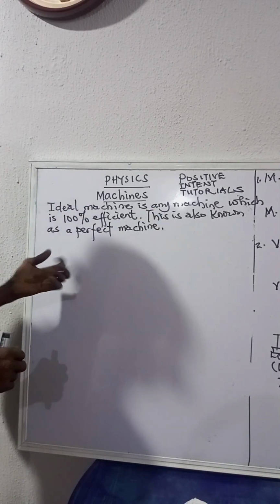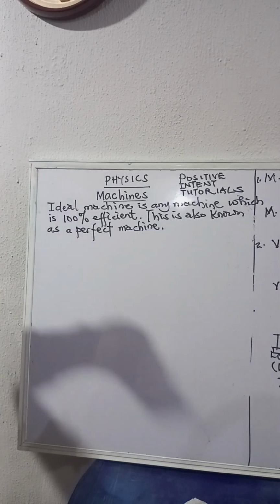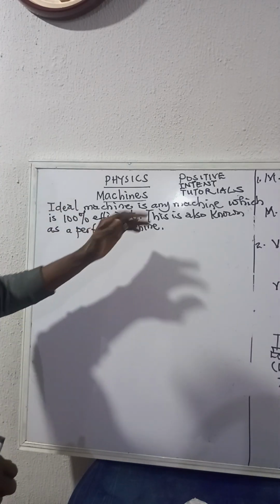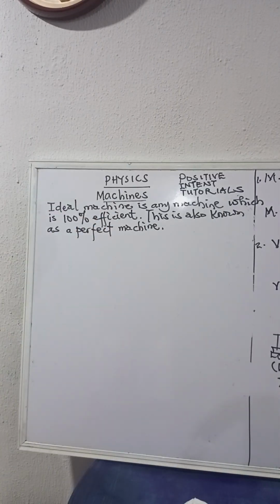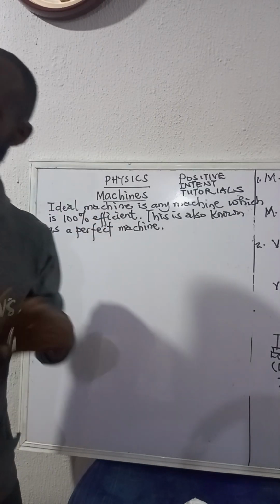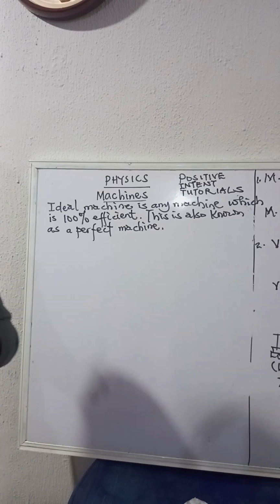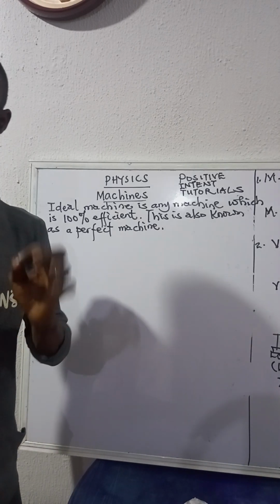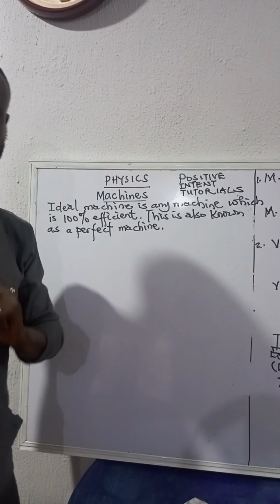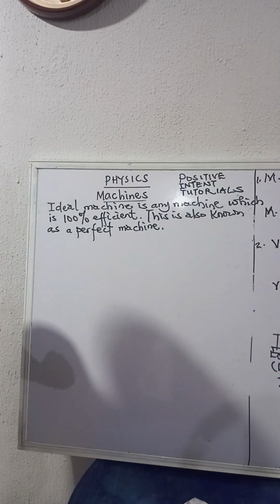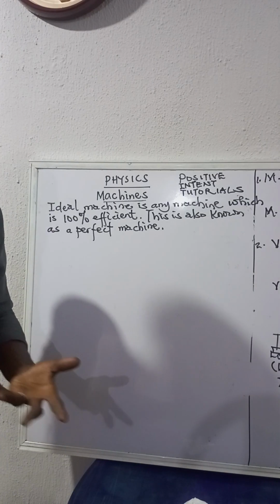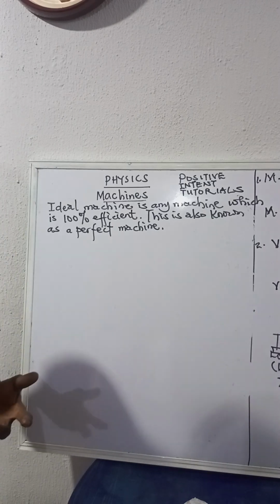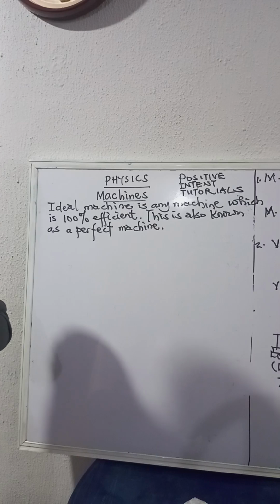Now, let me say this. How do you really determine that a machine is perfect, or for you to have a better understanding of this? We all know here, whenever we put on a generator, the generator is meant to supply electricity. Let me now ask this question. Is it only electricity it always supplies? No. There are a lot of things which will come with it. It will equally supply unwanted noise.